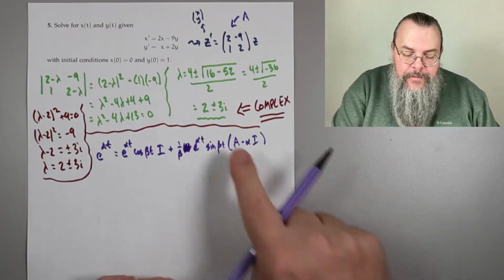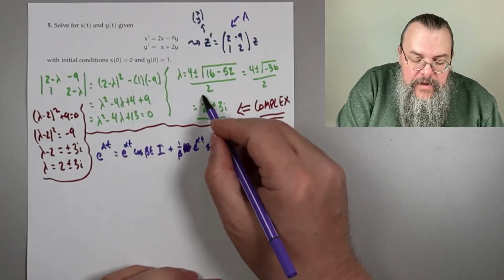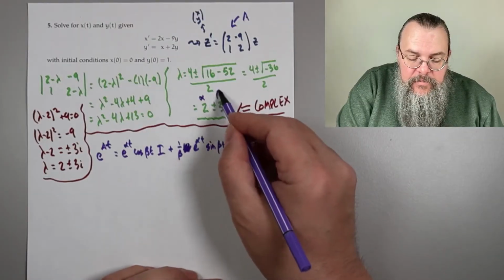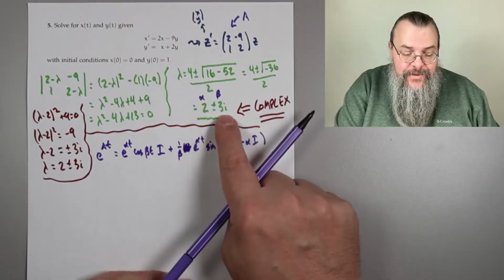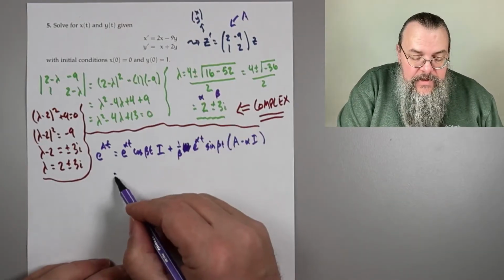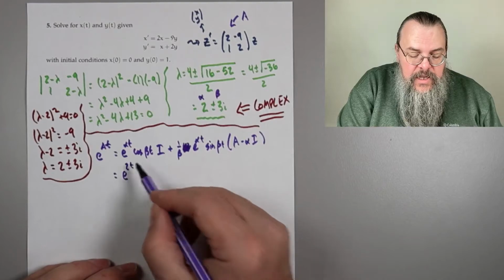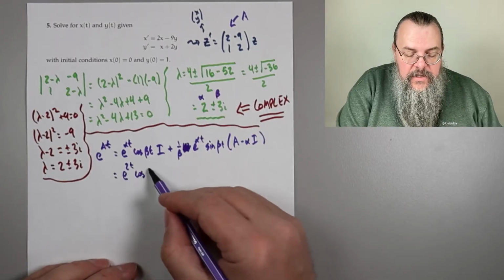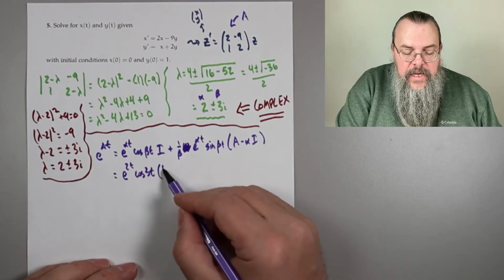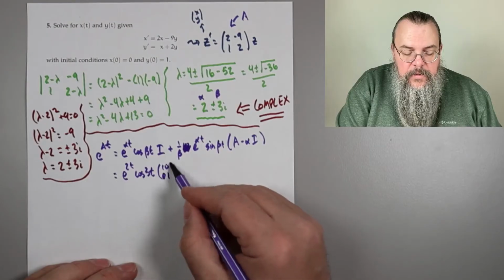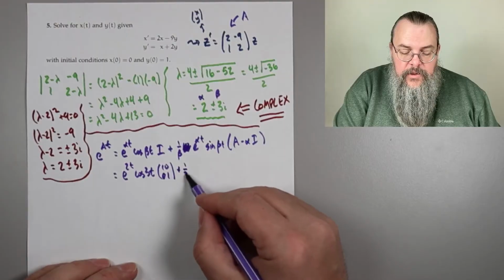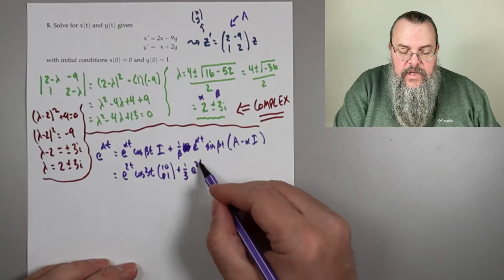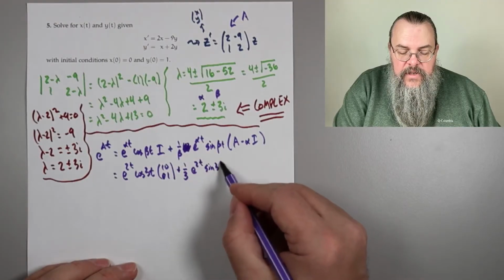We know our complex roots, and this is alpha plus or minus beta i. So alpha is 2, beta is 3. So we have e to the 2t cosine 3t times our identity, 1 0 0 1, plus, since beta is 3, 1/3 e to the 2t sine 3t.